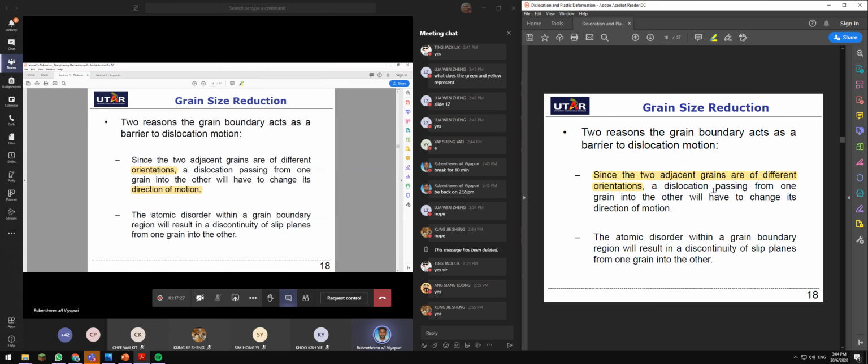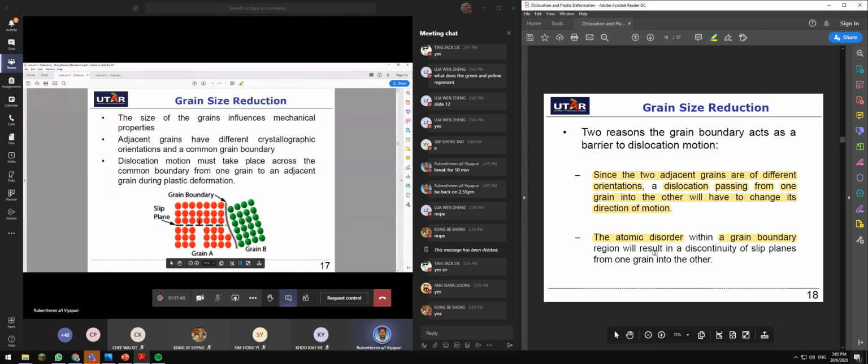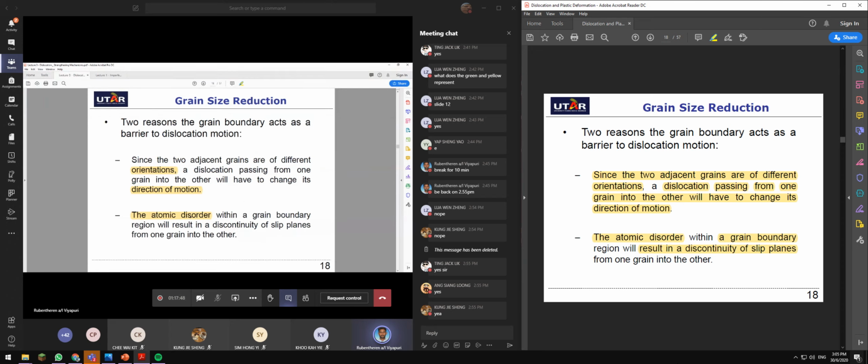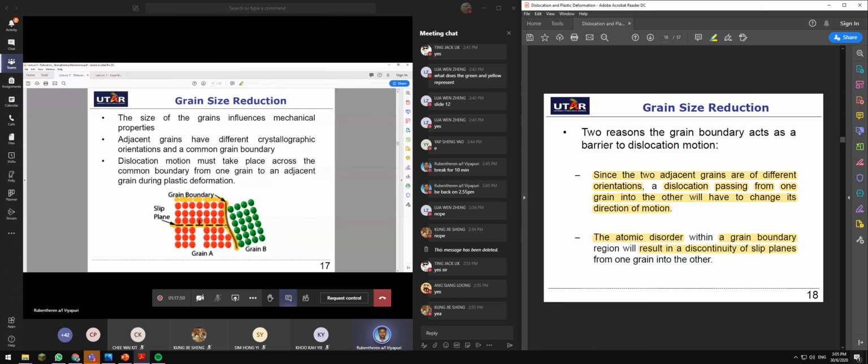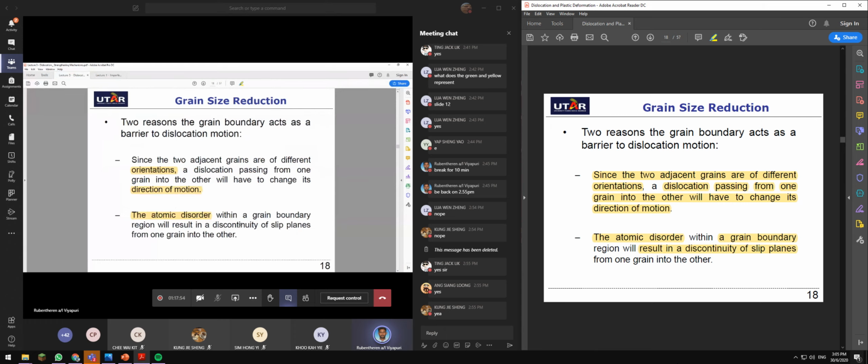And then the atomic disorder within a grain boundary region will result in a discontinuity of slip planes from one grain to another. So this is your slip planes. Because of this orientation, you don't have any slip planes here. So the dislocation can't propagate through the grain boundary towards grain B.